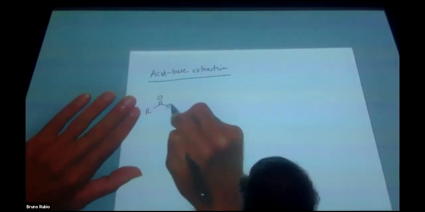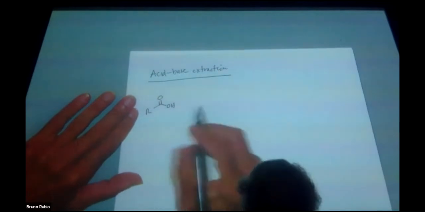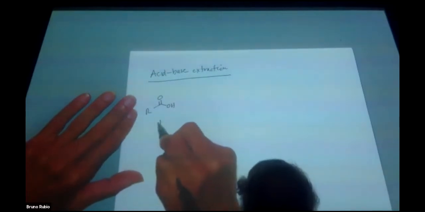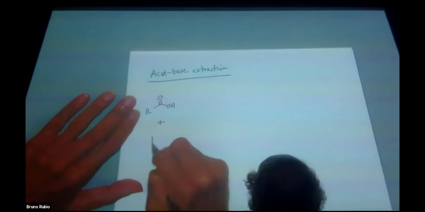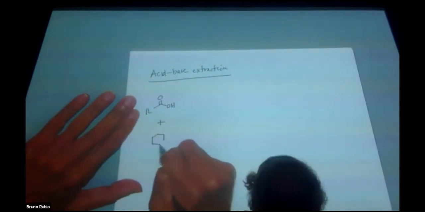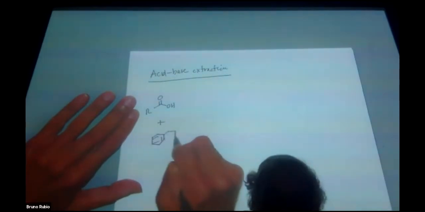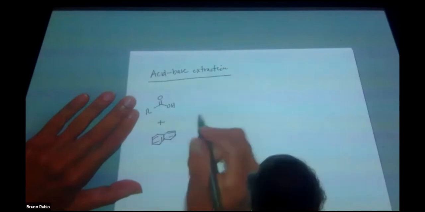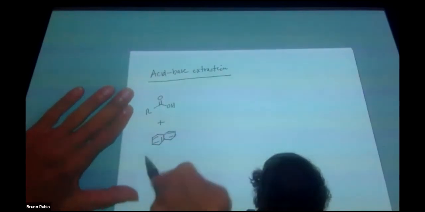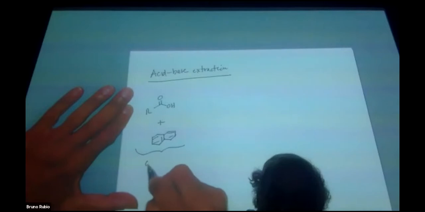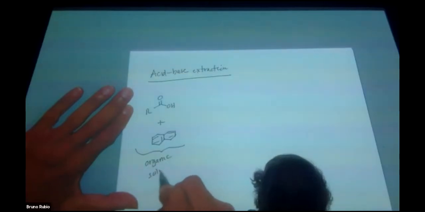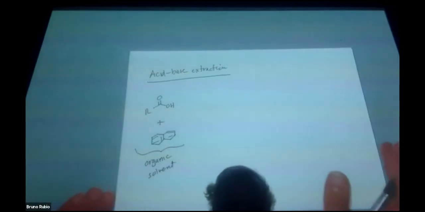And maybe you have something that is not acidic, maybe something like naphthalene, and then both of these are in an organic solvent. But you want to separate them, you want to purify them.